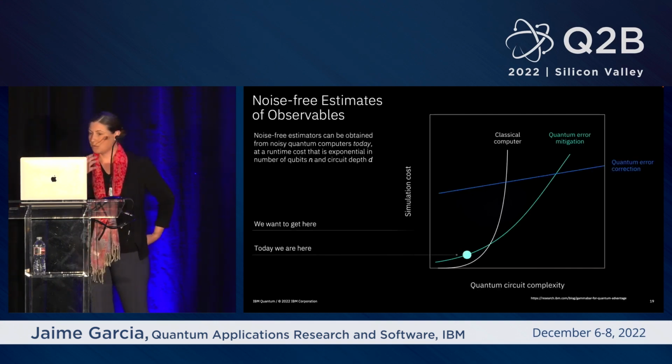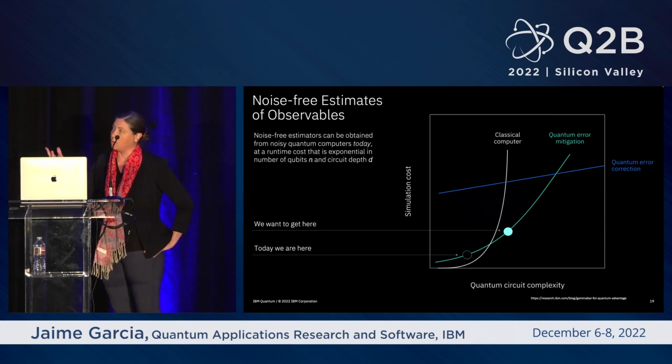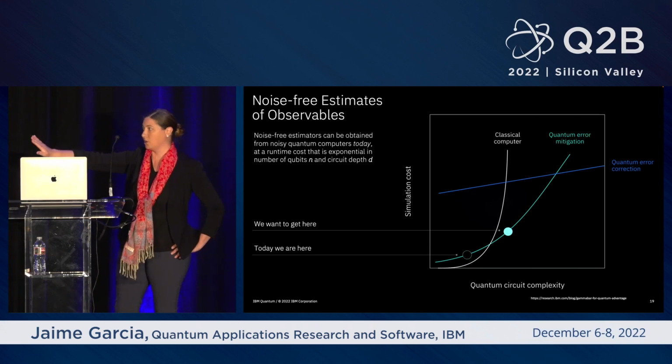Okay, so this is the essential concept of why we're looking at error mitigation. It's a conceptual drawing, but you can think of this as a graph where quantum circuit complexity is on the bottom and simulation cost or runtime is along the y-axis.